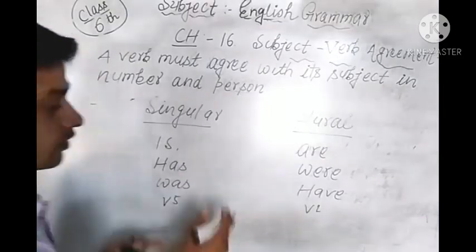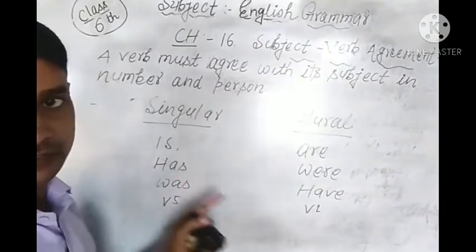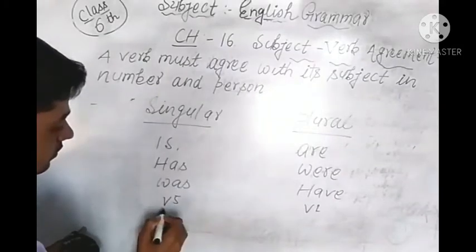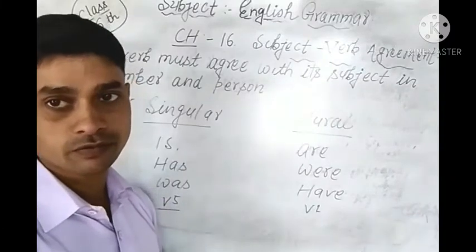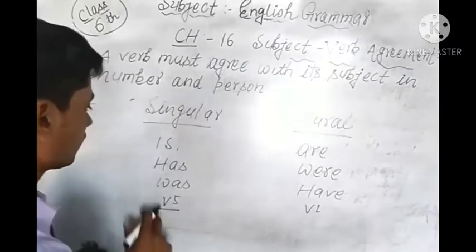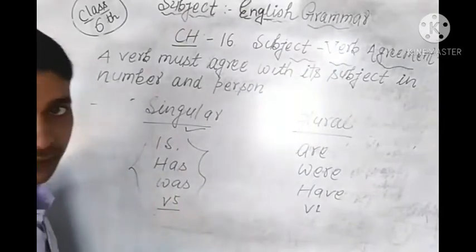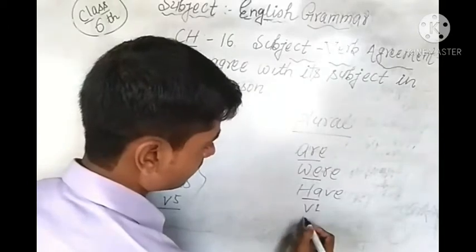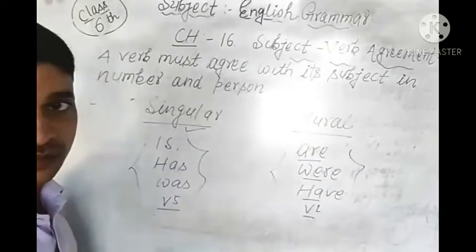Students, here I have written which verbs are called singular and which verbs are called plural. Now, is, has, was, and verb 5. In simple present tense, you already know verb 1 and verb 5 are used. So verb 5 is called a singular verb. These all verbs are used as singular verbs, and these verbs, are, were, have, and verb 1, are used as plural verbs.